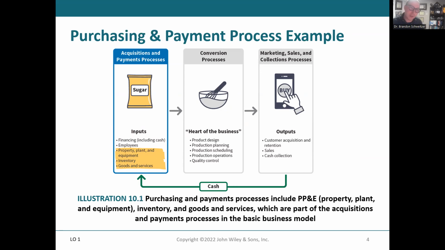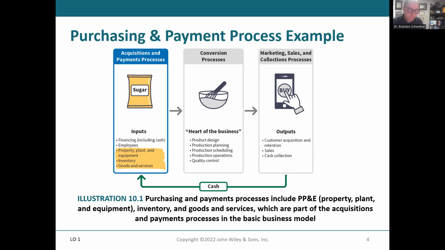So in the conversion process, we're converting the raw materials into work in process, which is the heart of the business. We're producing our inventory, our products to sell to our customers. So the conversion process includes things like product design, production planning, production scheduling, production operations, and of course, quality control.